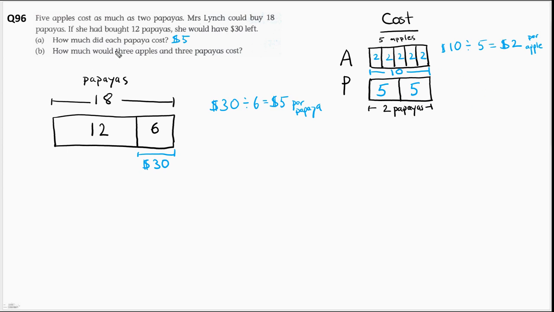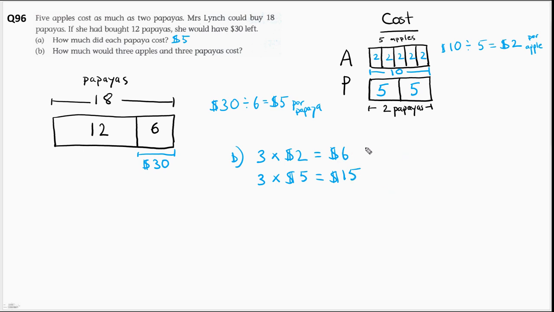Now we should be able to answer our question. Let's look at B. We've got 3 apples, so 3 times $2. Okay, that's $6. And we want 3 papayas, so 3 times $5, which is $15.